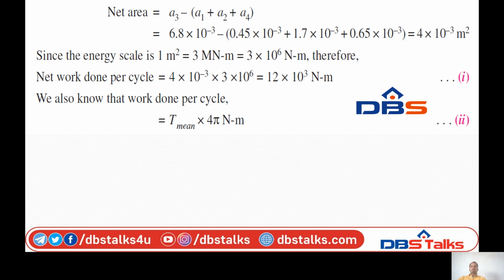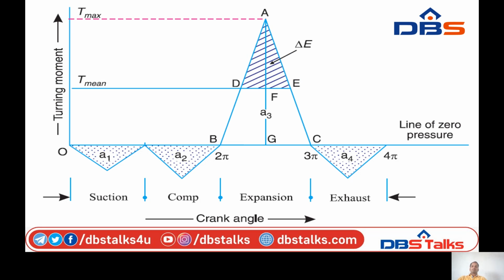Then we also know that the work done per cycle is T mean into 4 pi newton meter. From these two equations, we get T mean is equal to work done per cycle divided by crank angle per cycle.